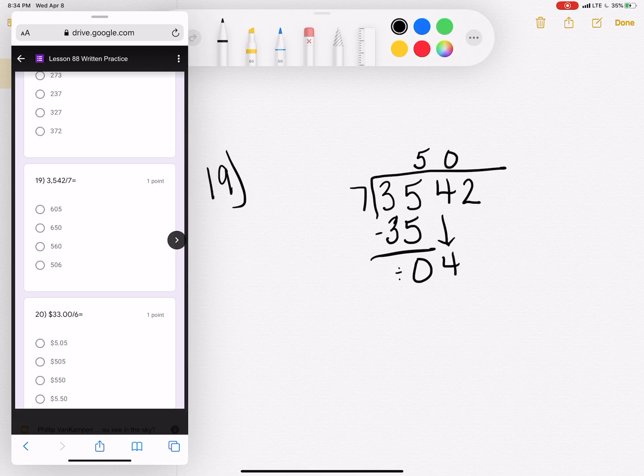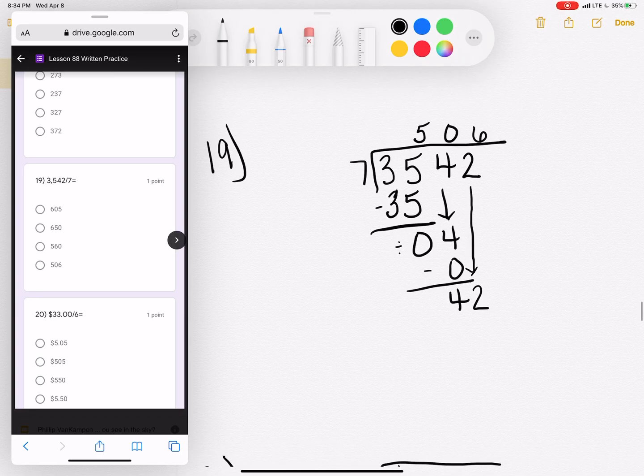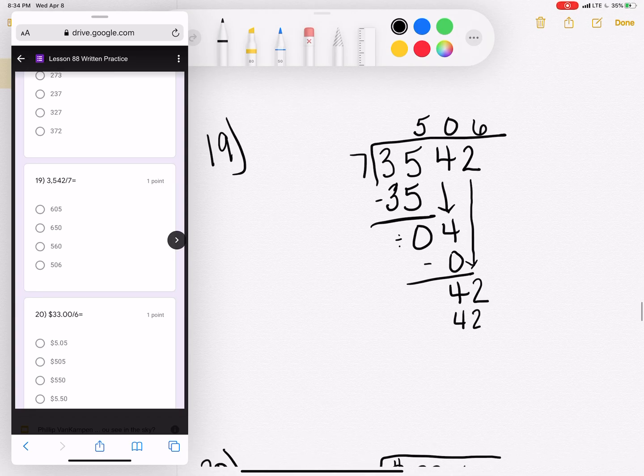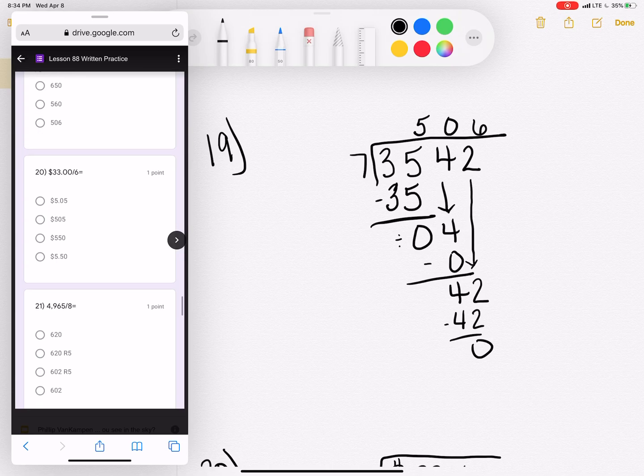There are no 7s in 4. 0 times 7 is 0. Bring down your 2. What times 7 is easy to do? 6 times 7 is 42. 7 times 6 is 42, so there's no remainder. 506.